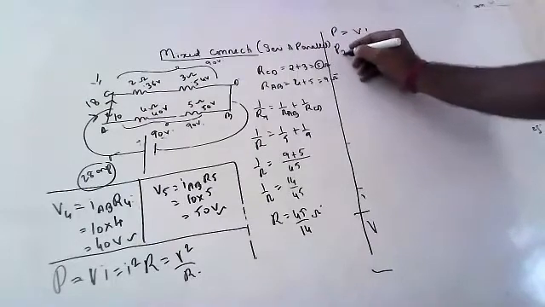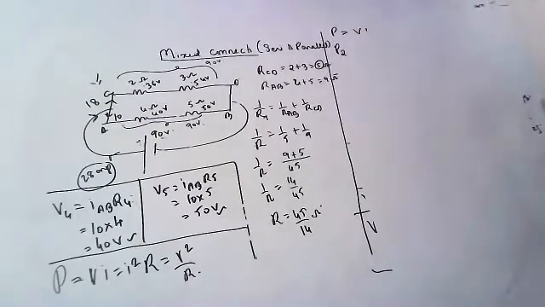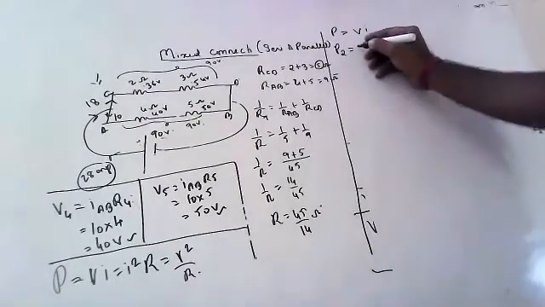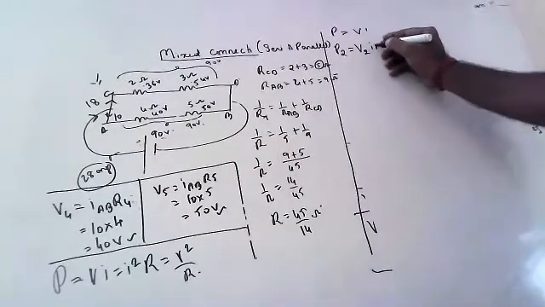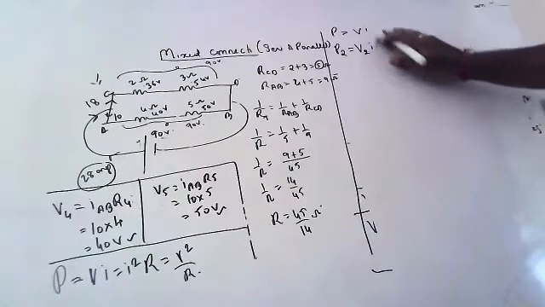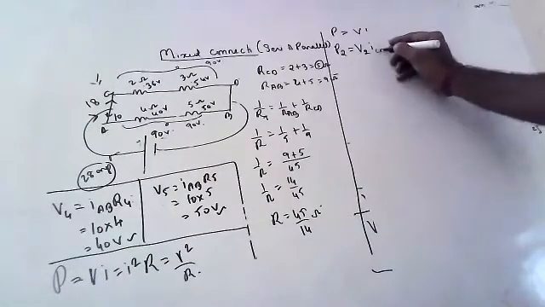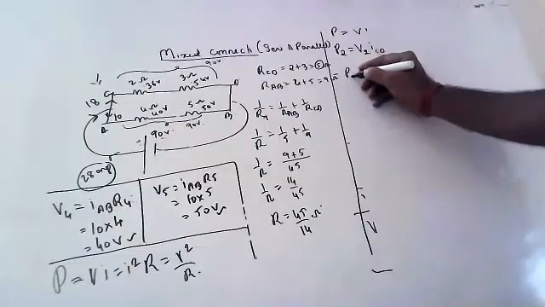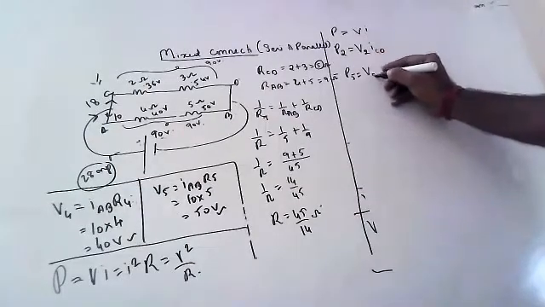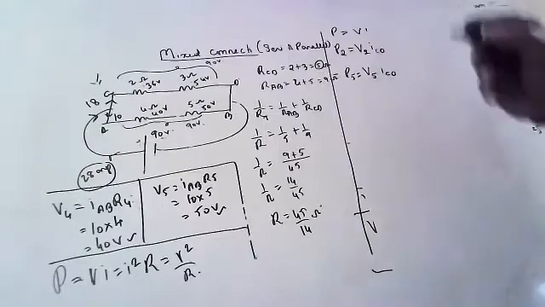Okay, P2. What will be P2, children? P2 will be V2 into ICD. Those who did not understand, P5 will be how much? V5 into IAB.